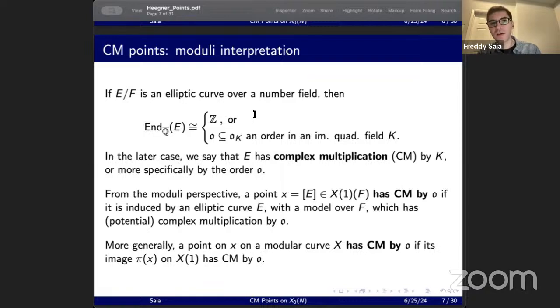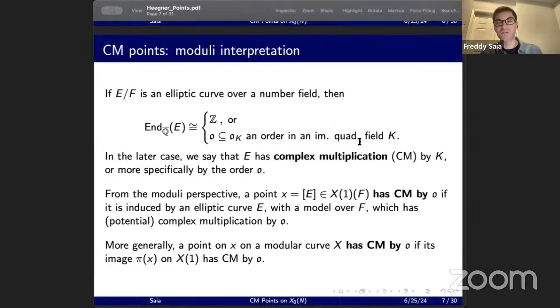If it's any bigger, it has to be an order in an imaginary quadratic field, let's say K. That's what we're calling it. So a thing like what we saw on the previous slide, which we're calling little o throughout this talk. So again, it could be the full ring of integers, which I'm calling OK here, but it could be a finite index submodule of that.